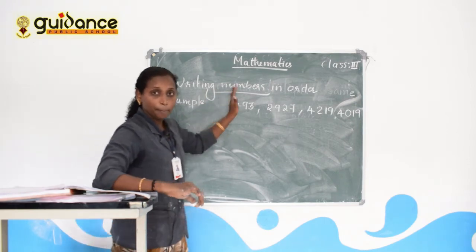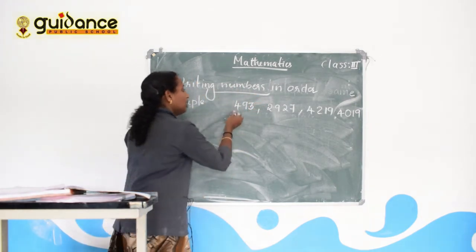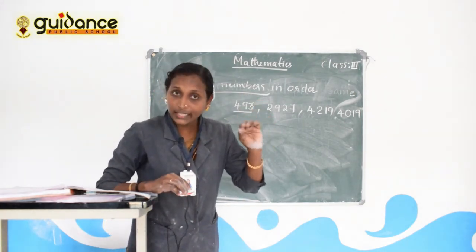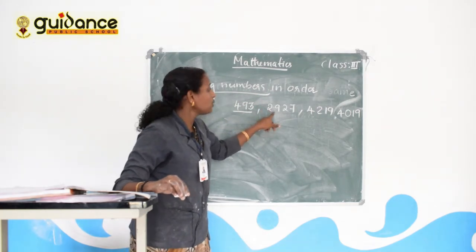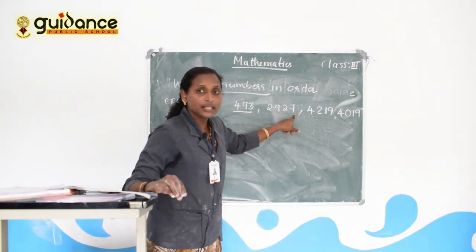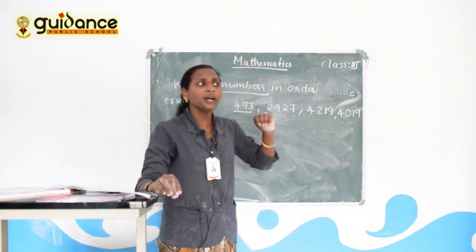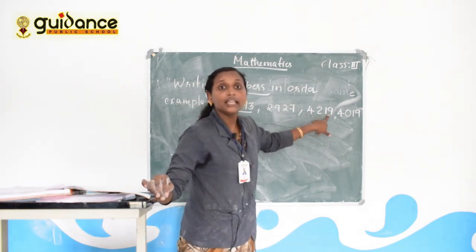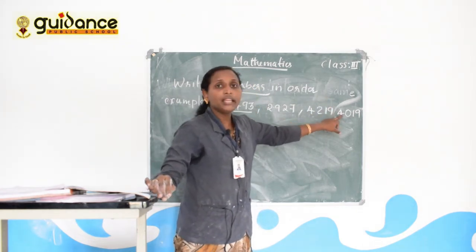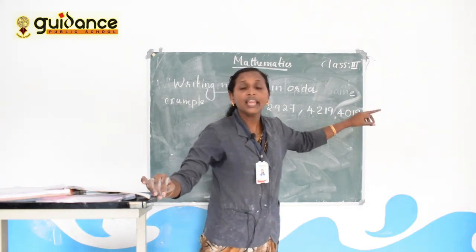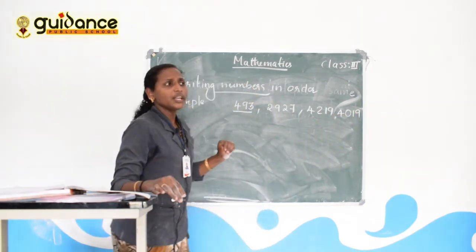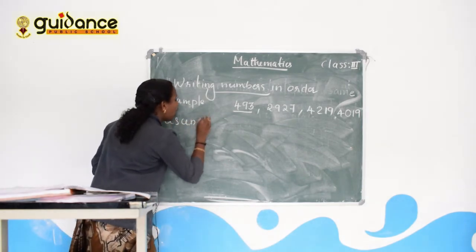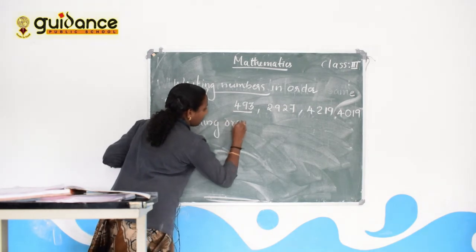First we look at the numbers. 493 is a 3-digit number. Next, 2927 is a 4-digit number. And the next number, 4219, is a 4-digit number. Then 4019 is a 4-digit number. So writing the numbers in ascending order, we write from smallest to biggest.